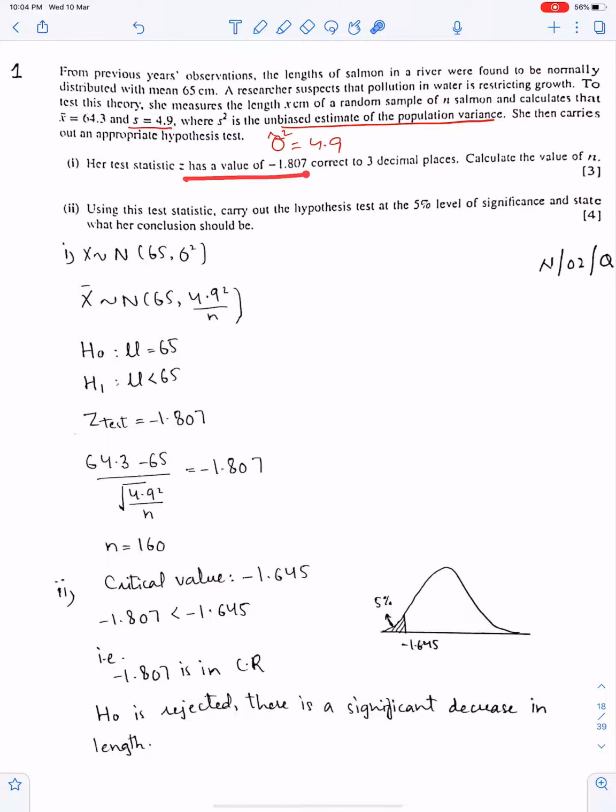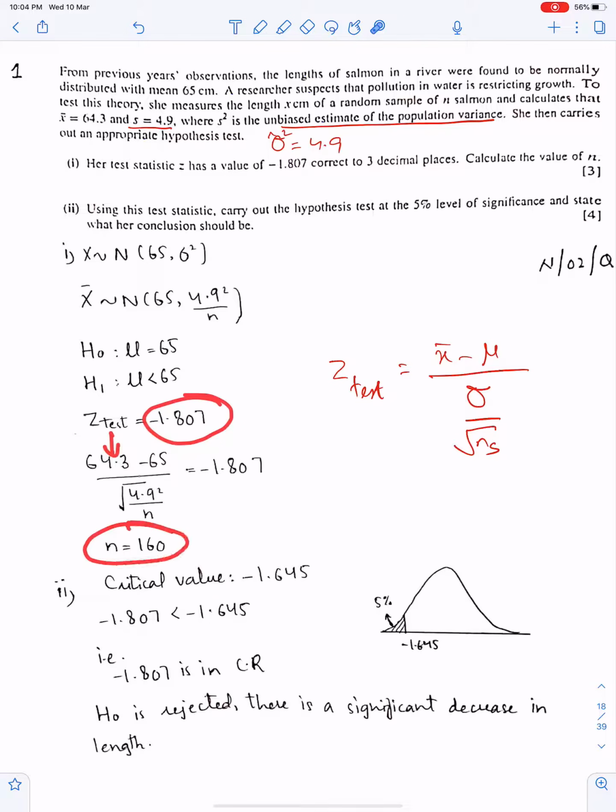This is z-test. So when you use the formula of z-test, x bar minus mu over sigma over root n, this is the formula of z-test. So z-test is minus 1.807. So by using the formula of z-test here, we can get the value of n.